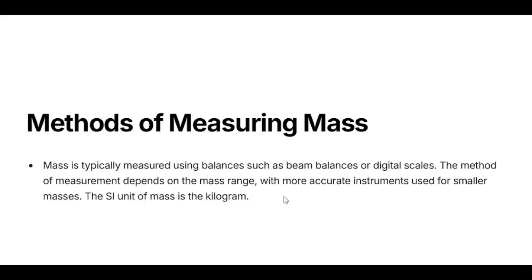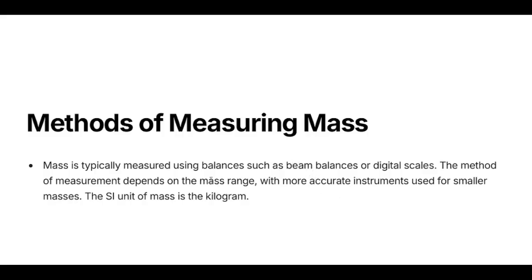But if you want to measure large masses, you probably use something that can stand weight. So the method is dependent on the range of mass, with more accurate instruments used for smaller masses. Just trying to explain why I said we use the normal standard weighing balance. These are used to measure tiny or lighter weights when you want higher accuracy.